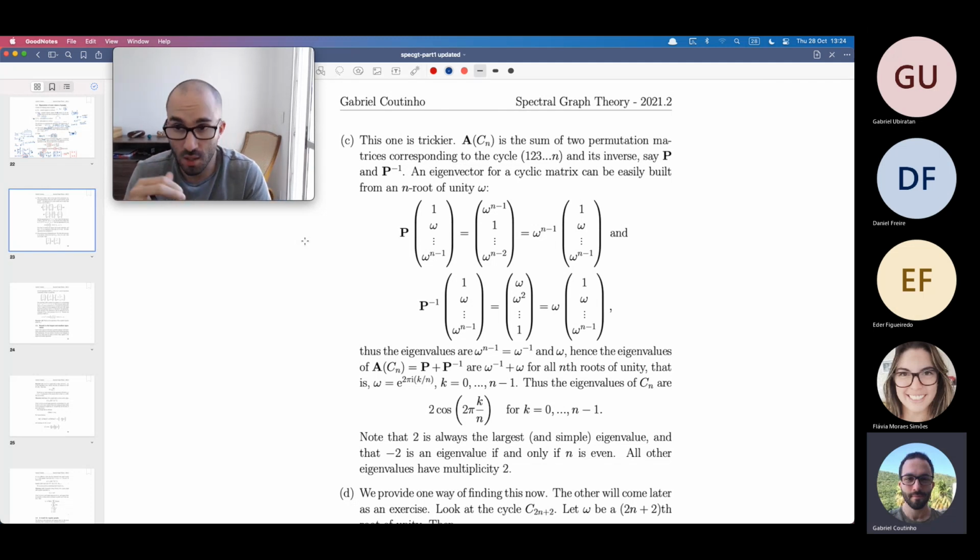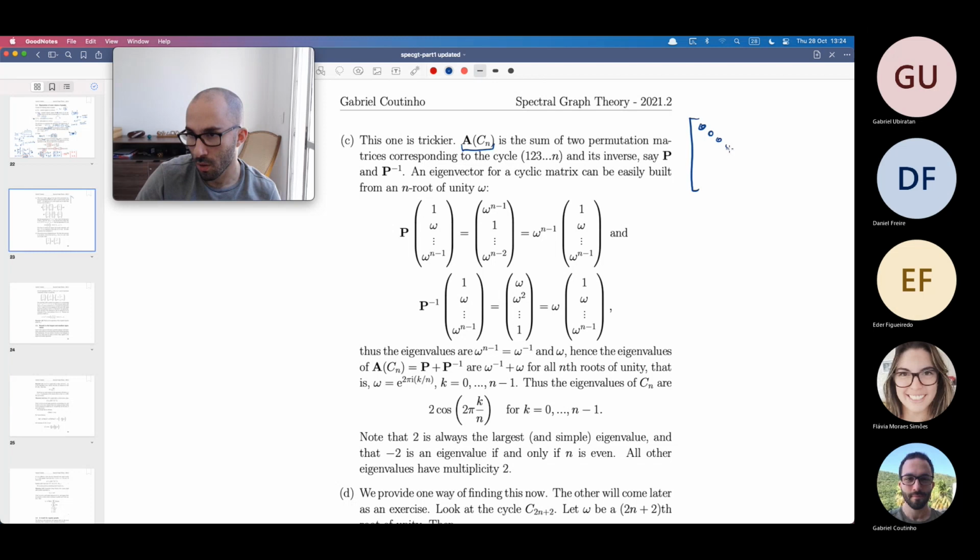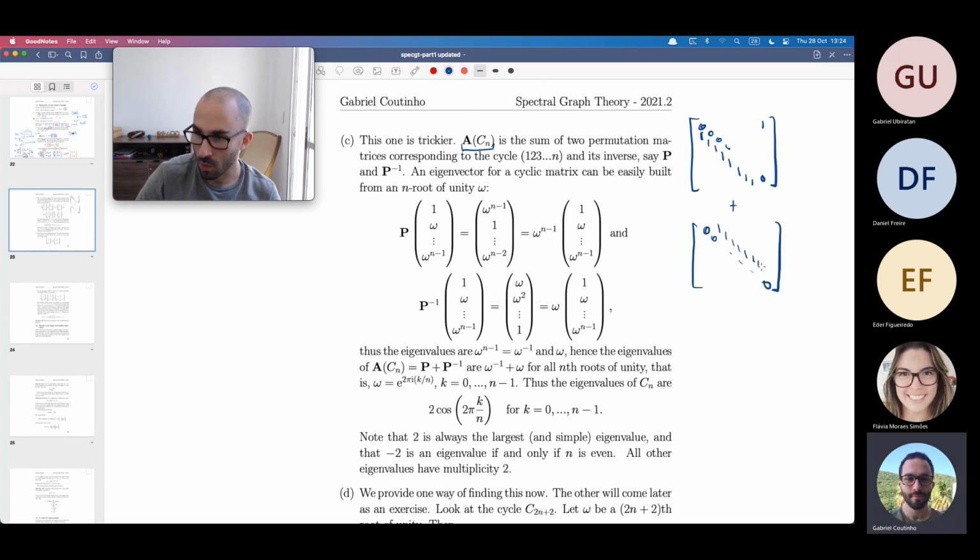So the adjacency matrix of the cycle on n vertices is the sum of two permutation matrices corresponding to the permutation that maps 1 to 2, 2 to 3, and n to 1. So this is a permutation matrix, plus this permutation. These two things added to each other give you the adjacency matrix of the cycle on n vertices, right?